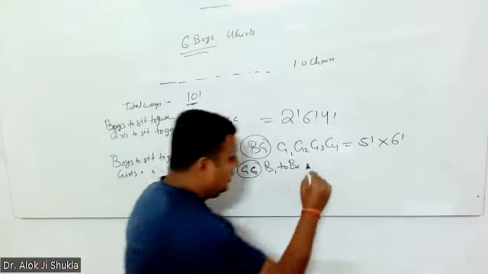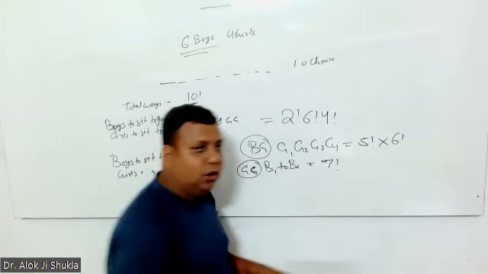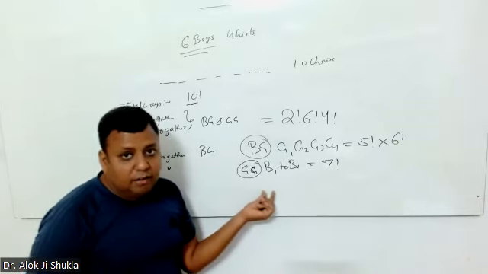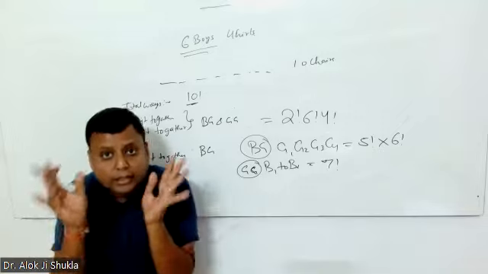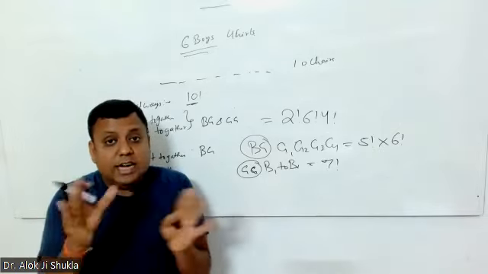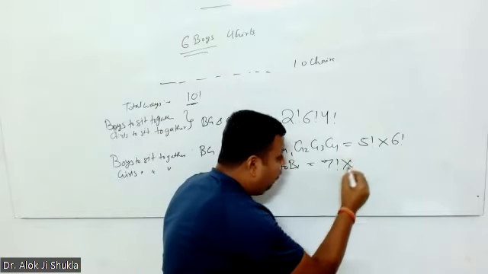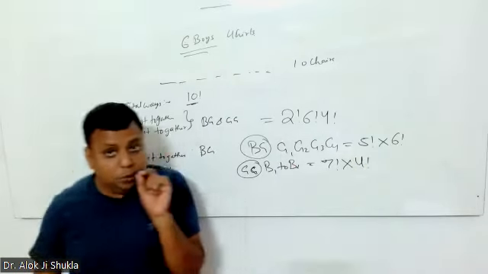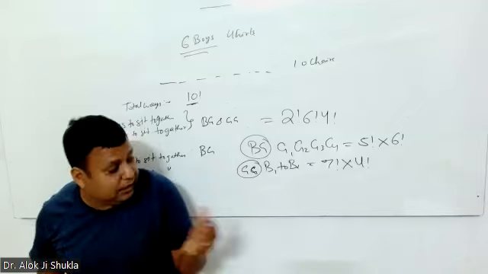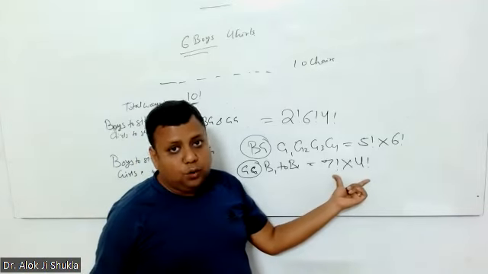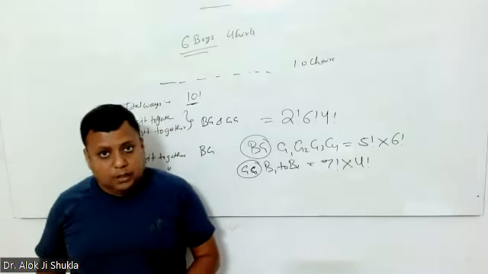It is 7. That gives 7 factorial ways of arranging these 7 objects, and then within this girl group, I can rearrange the girls in 4 factorial ways. And since I'm doing them together, it's related with 'and', the number of ways is 7 factorial into 4 factorial. Okay.